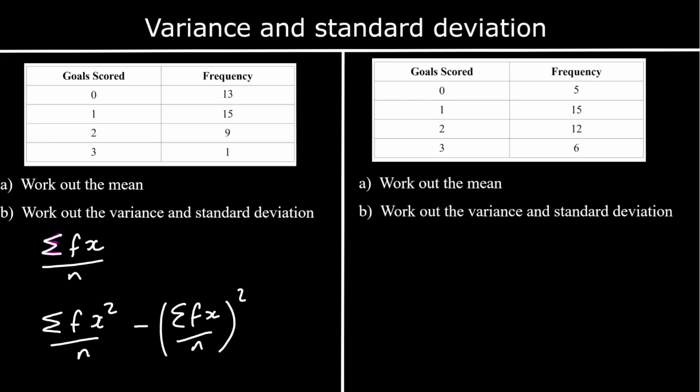So we have our x and our f. So we times, we've got 13 zeros. 13 zeros make 0. 15 ones make 15. 9 twos make 18. And 1 three makes 3.